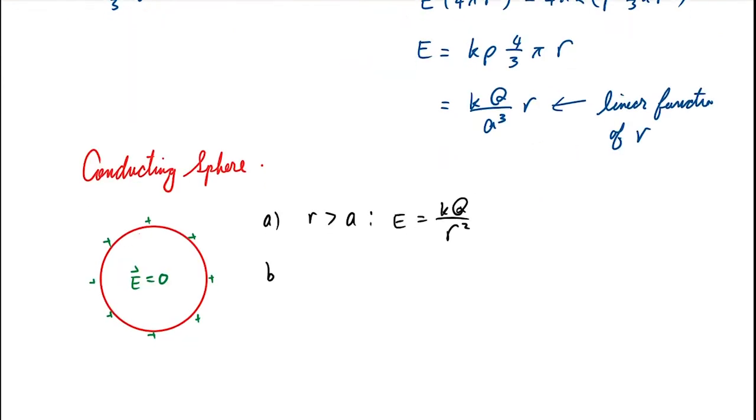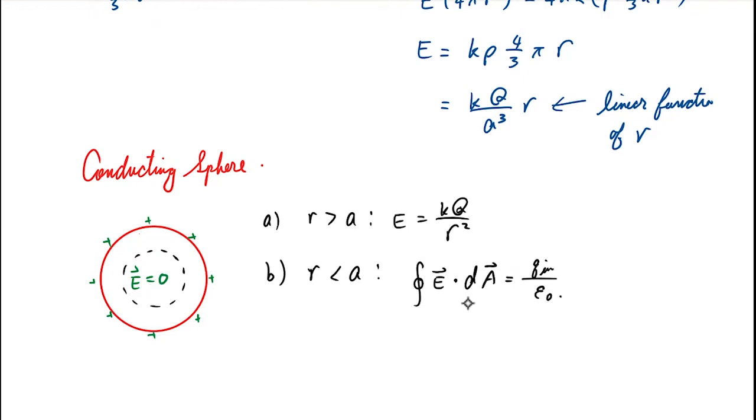Now case B, if R is less than A, so something like this, with the radius R, that means what we have is Q inside over epsilon. But the electric field is equal to 0, right?